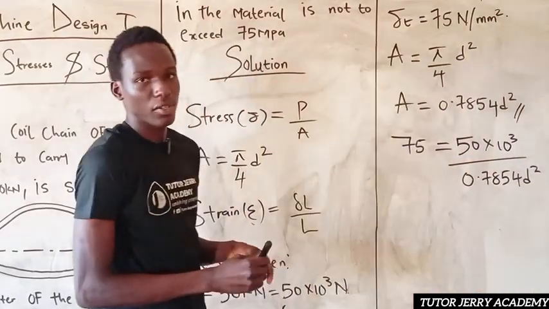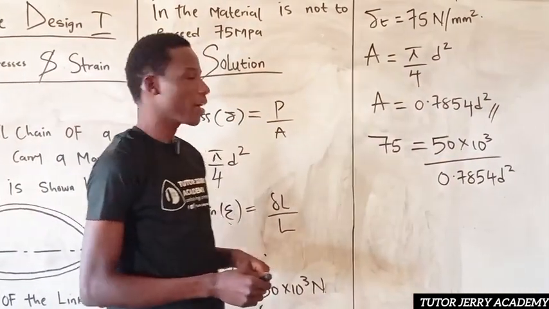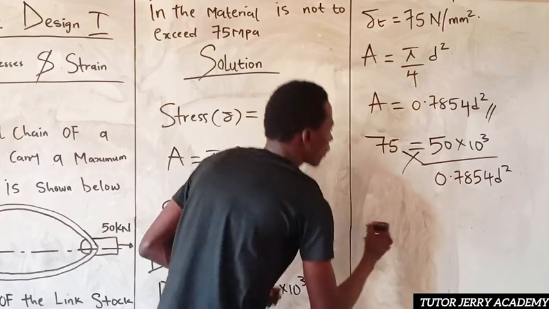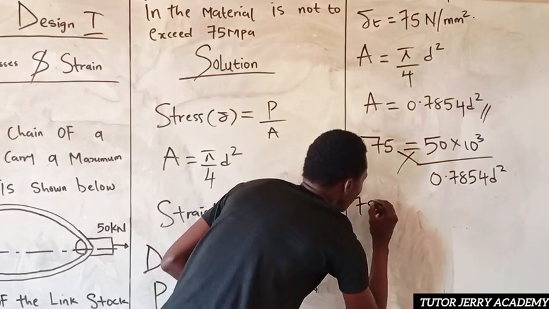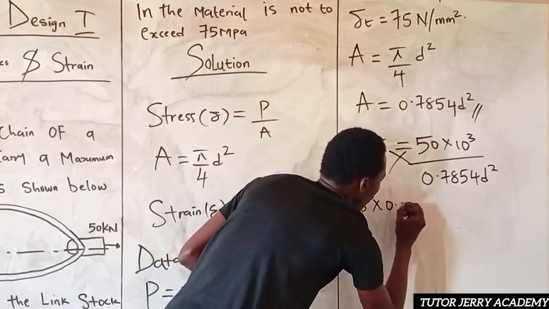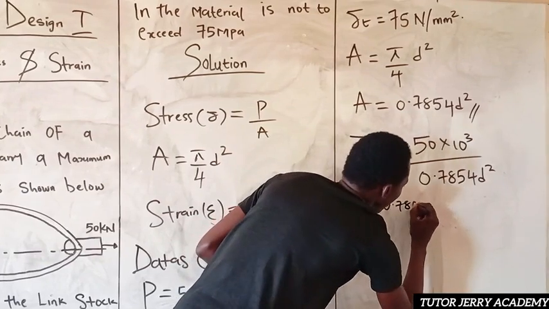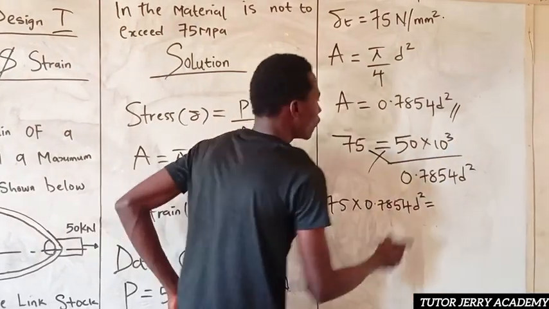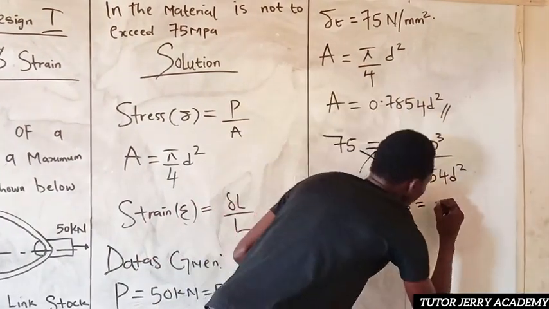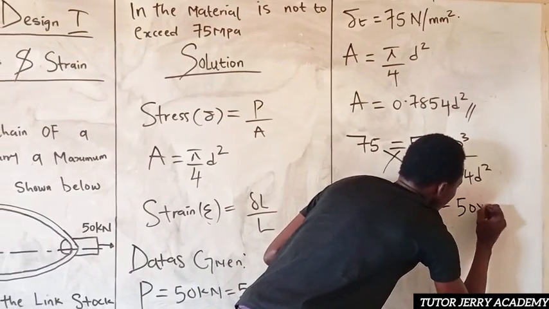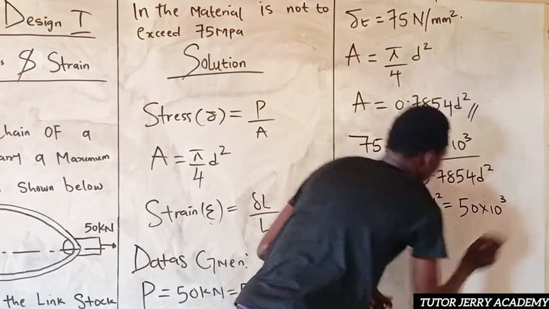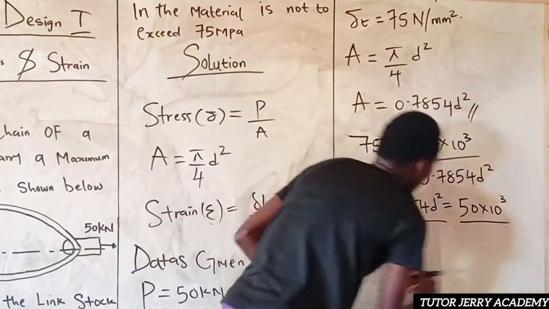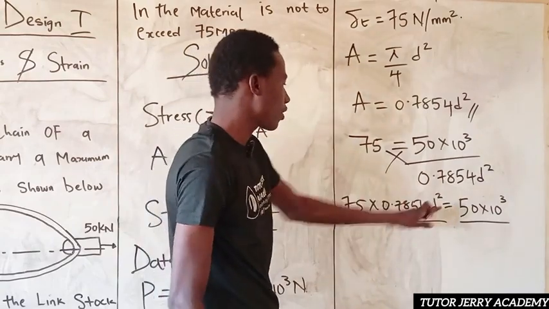So from here, you can see that, of course, we can calculate our diameter. We can cross multiply this. If we cross multiply, we are going to have 75 multiplied by 0.7854 d square to be equal to 50 times 10 to the power of 3. We can further simplify by dividing both sides by the coefficient of d square.